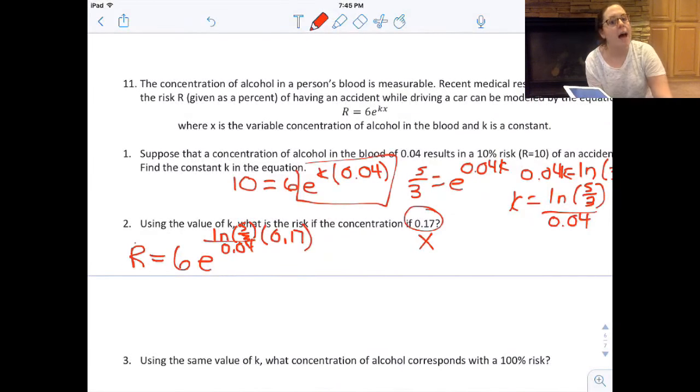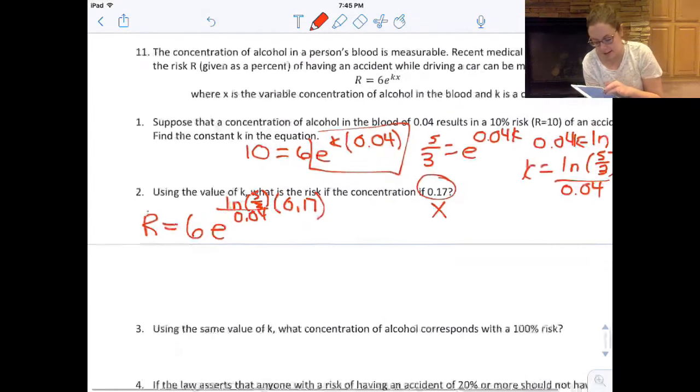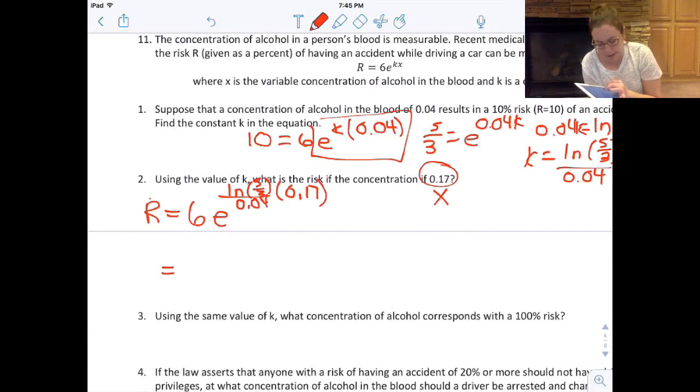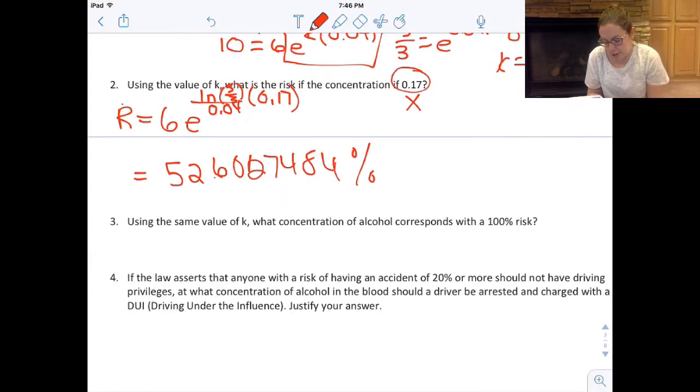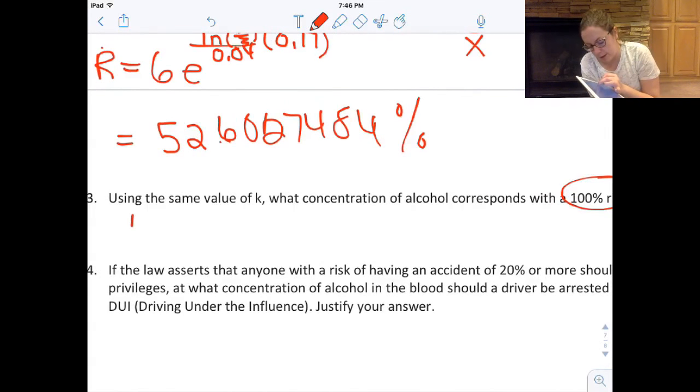What concentration will correspond with 100% risk? So I'm going to do 100% equals 6e to that k that I found before, times x, because it wants a concentration. Divide both sides by 6, so that would give me 50/3 is e to that power.